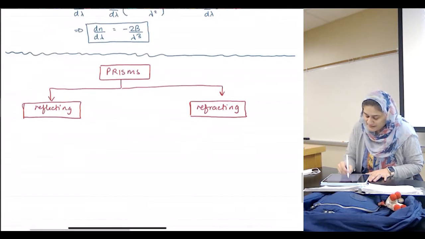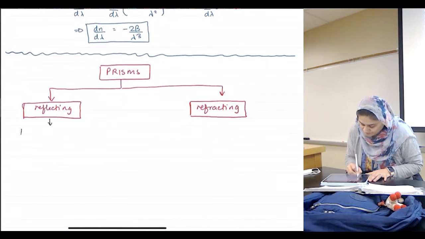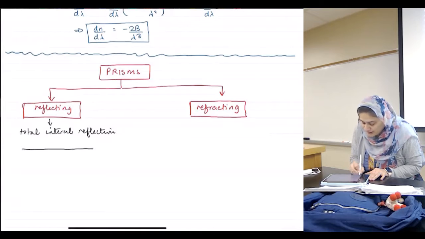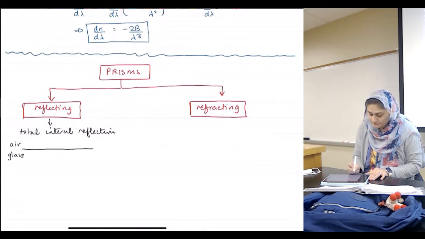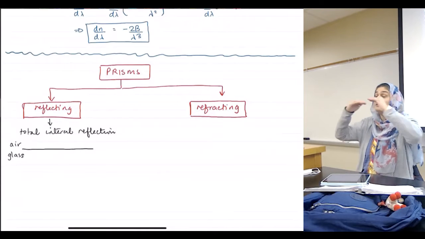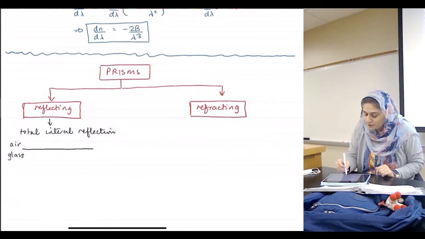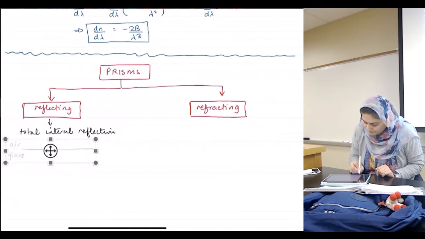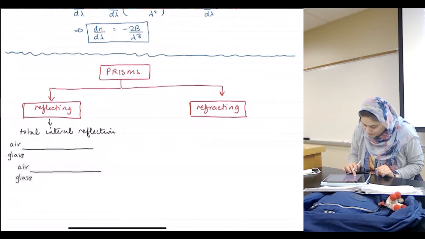So they make use of total internal reflection. If you have air on the outside and say glass on the inside, and you have a transparent medium between them, I'm going to draw it here.